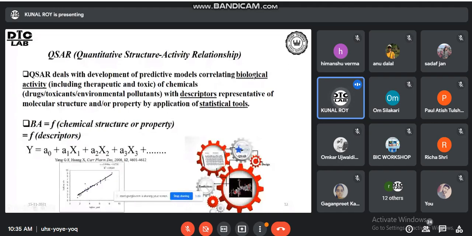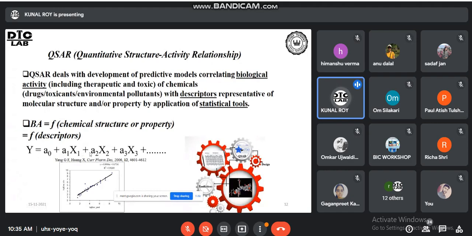So the basic notion of any QSAR will be like this, where the biological activity is a function of the chemical descriptors. X1, X2, X3, these are the descriptors. And A1, A2, A3, these are the regression coefficients of these descriptors to the response. And these are signed values, this may be positive or negative. So from that, we can have an idea about the positive or negative contribution of particular descriptors.